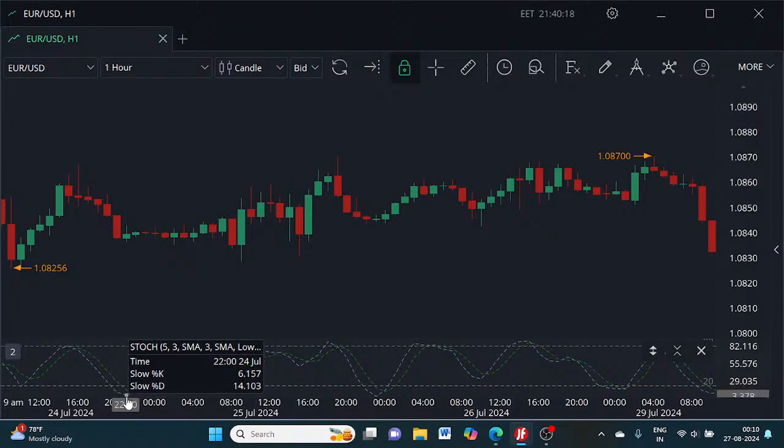So here at 22 GMT of the 24th July, we have percent slow K below percent slow D, and then at 23rd GMT we have percent K above slow percent D.